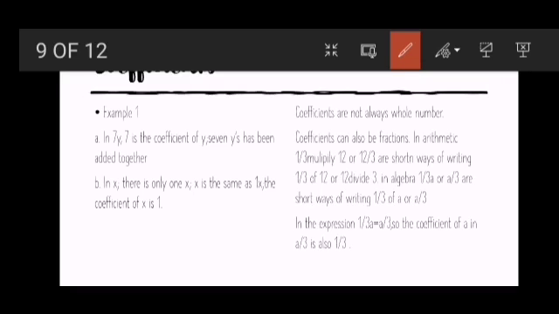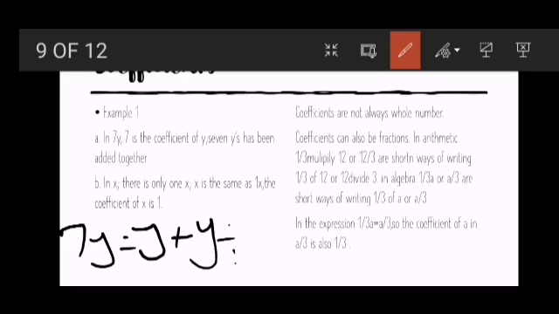If they ask you to find the coefficient of 7y, 7 is the coefficient of y because 7y plus y, like that, still 7 like that. That's why they wrote it. But it's easy to just write 7y, 7 times y. It can be y plus 7, or you write y to 7, or you can write 7 times y.